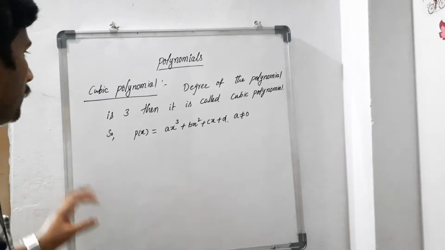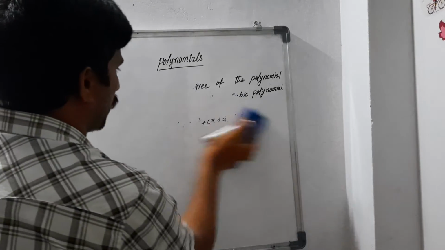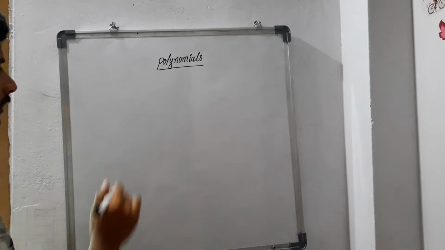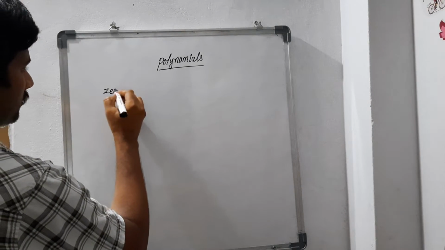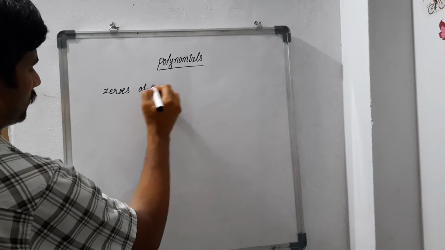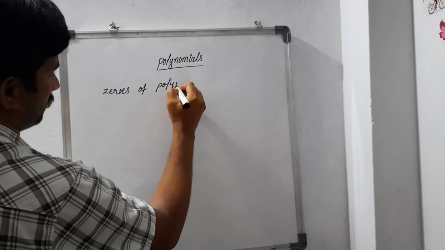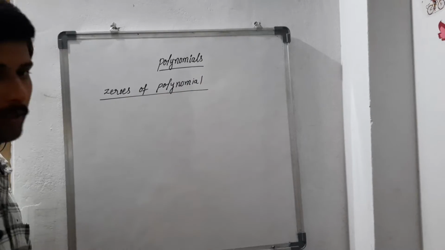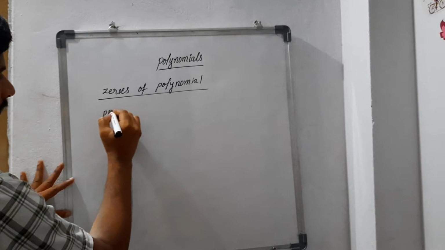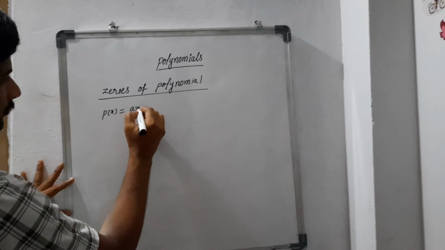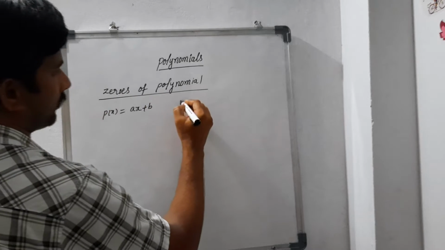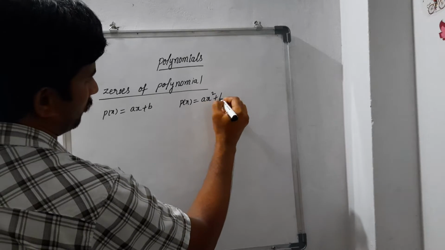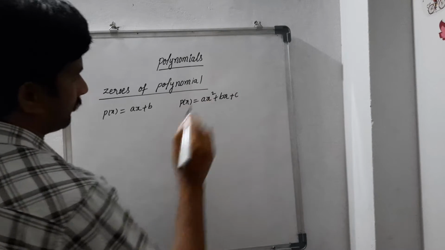Now, the zeros of the polynomial. If you take the linear polynomial p of x is equal to ax plus b, and the quadratic polynomial p of x is equal to ax square plus bx plus c.